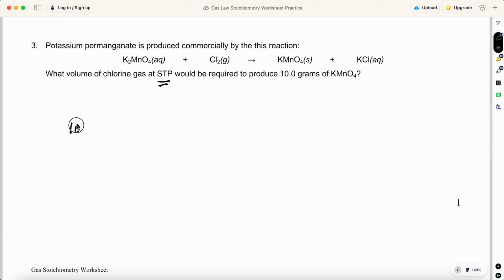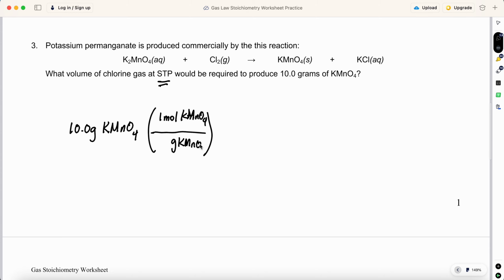So we use this 10 grams of KMnO4 times its smaller mass, 1 mole of KMnO4 over grams of KMnO4. By now, I assume that you know how to solve for the grams of KMnO4.